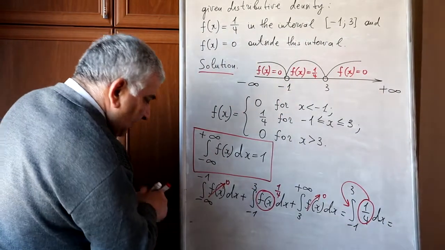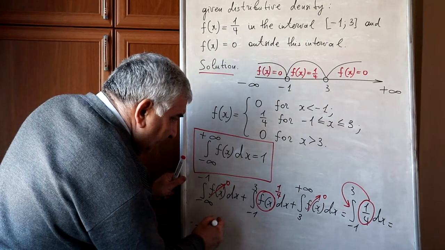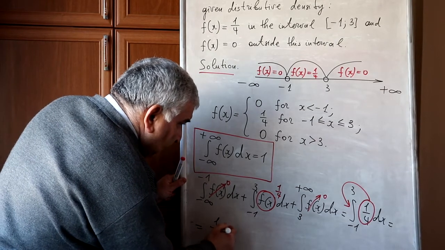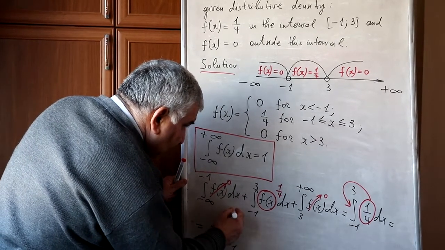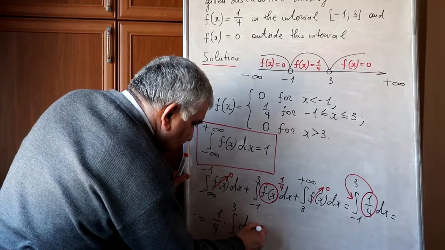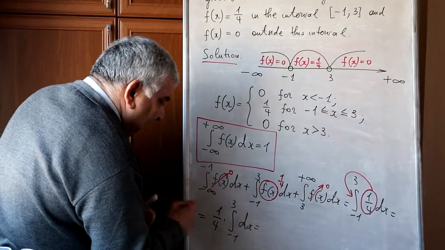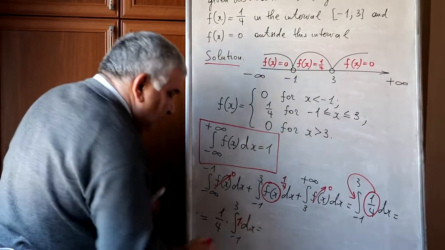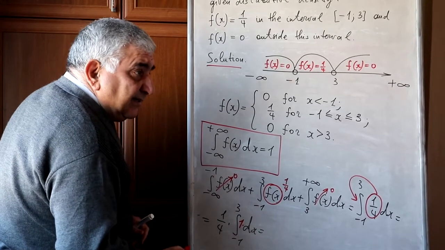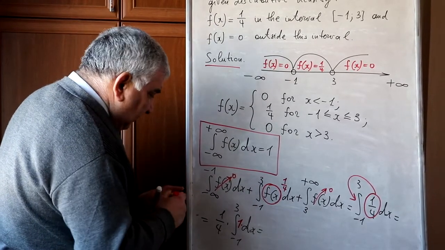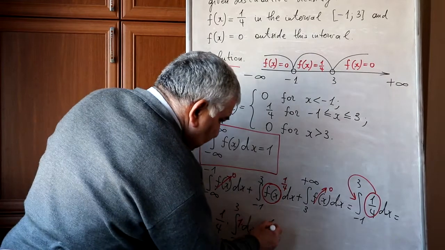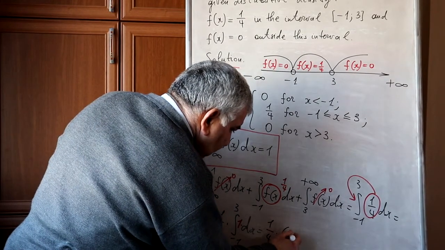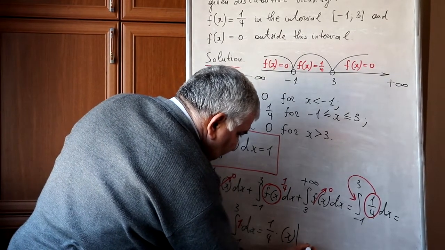Then equals 1/4 multiplied by integral from minus 1 to 3 of dx, equals, here the integrand is unit and its antiderivative is x, simply x. 1/4 multiplied by x with double substitution from minus 1 to 3.